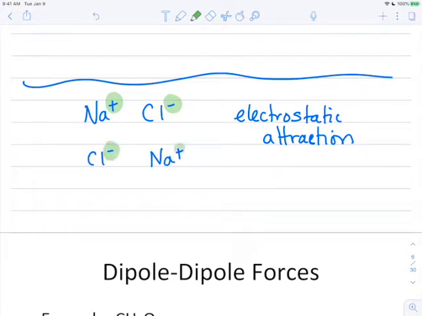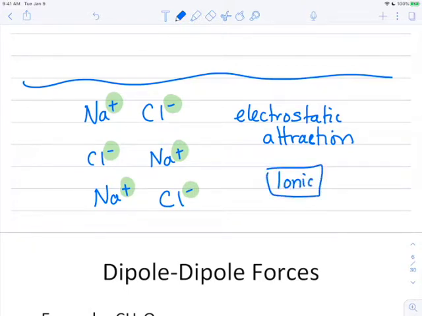So positives are attracted to negatives, negatives are attracted to positives, and we can just keep on going forever. So it is purely based on the positive and negative charges. And this right here is an ionic compound. And it is ionic because there's full charges. So it's a full positive and a full negative.